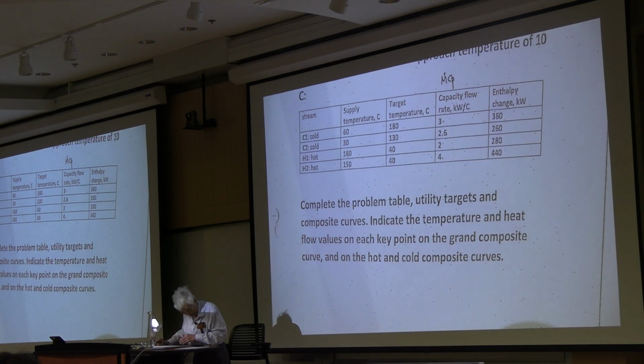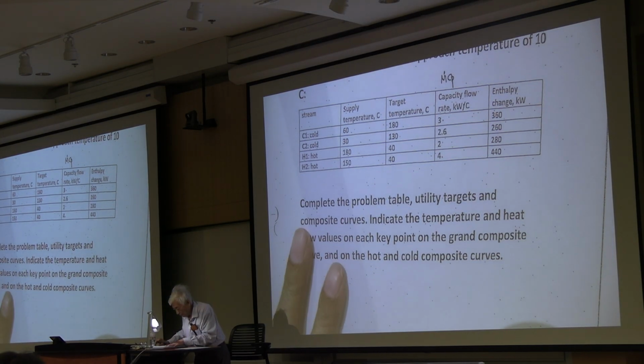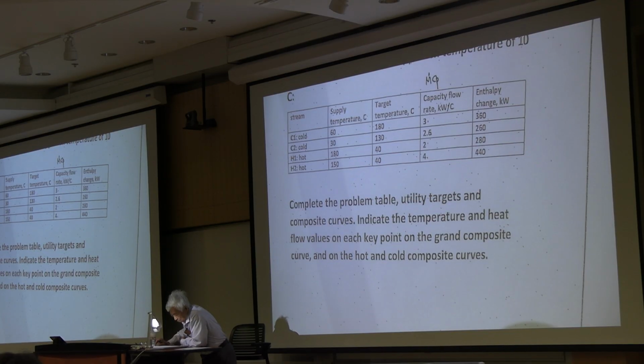Now, I want to go through another example, beginning page 59. I emailed you last Thursday a copy of page 59, 60. We did this problem before in terms of utility target. What's special about this problem?